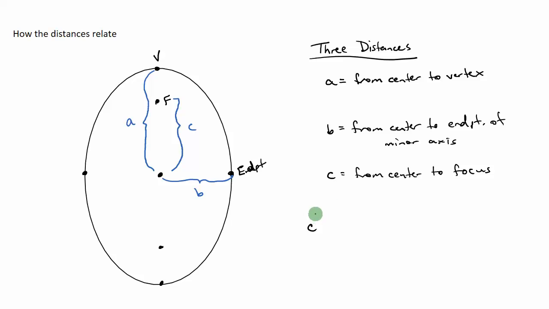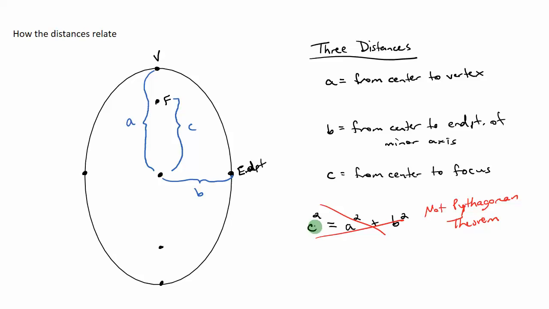So you start with C squared equals A squared, and the Pythagorean theorem is usually plus B squared. Okay, but for an ellipse that's not what it is. Not the Pythagorean theorem.